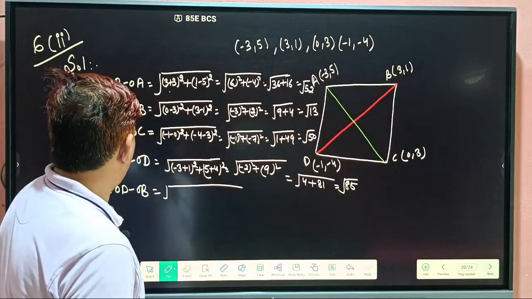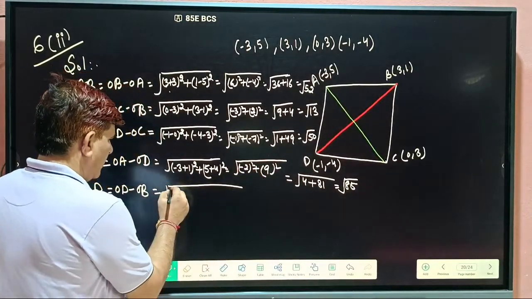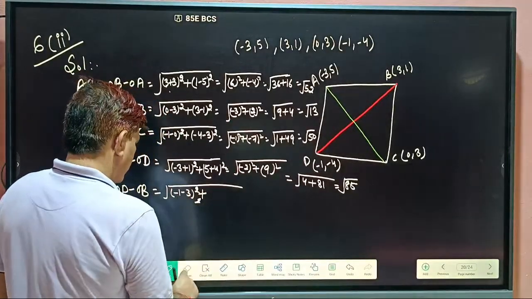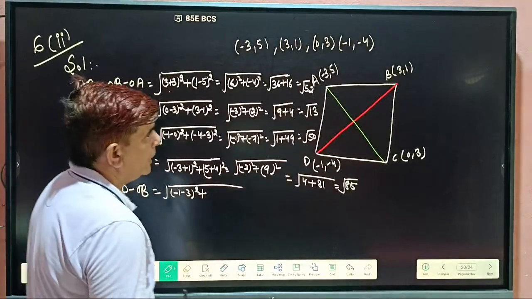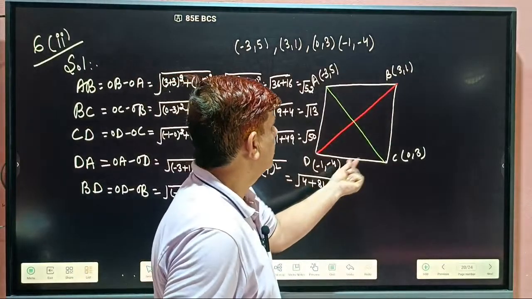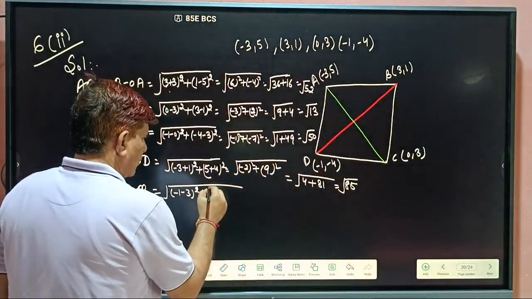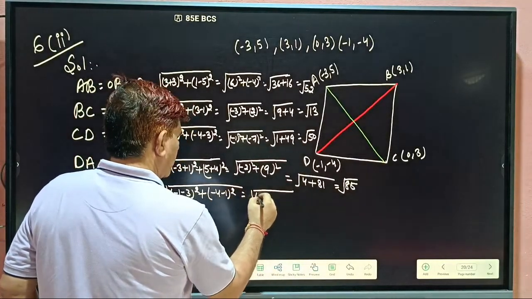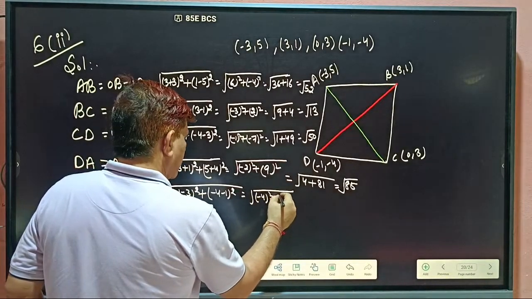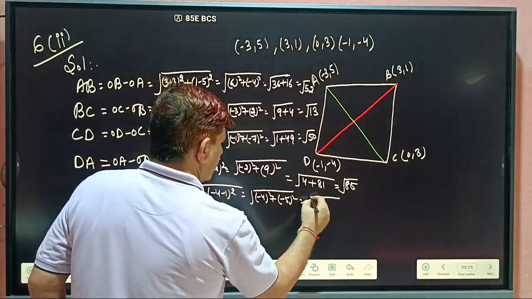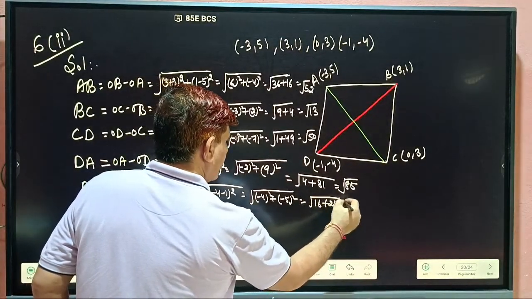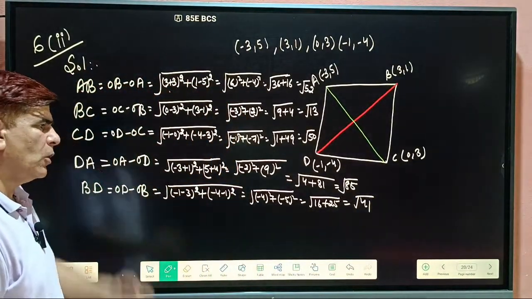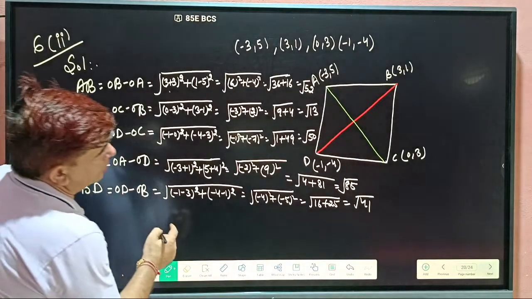So it means (-1 minus 3) whole square plus (-4 minus 1) square, which is equal to (-4) square plus (-5) square, which is 16 plus 25, equal to root 41. Yes or no?